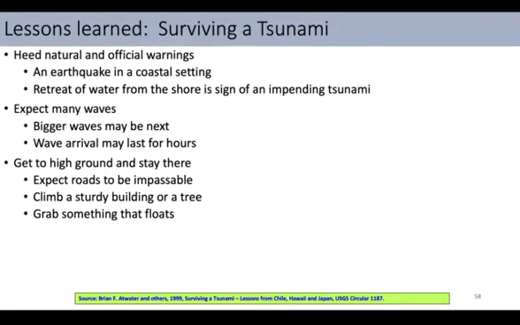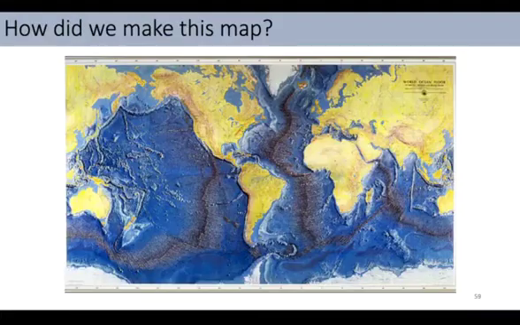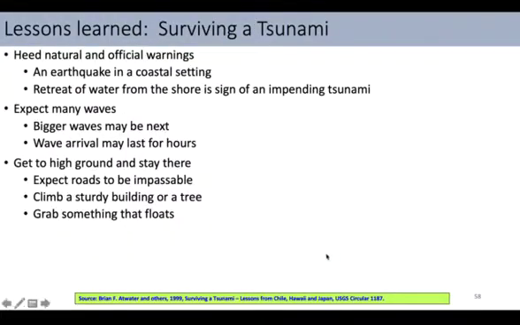So here are some notes from something that was written up after surviving a tsunami. A man named Brian Atwater wrote down these suggestions after himself surviving a tsunami. So listen to warnings.